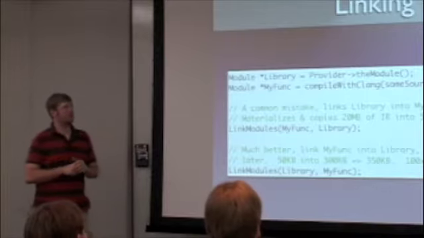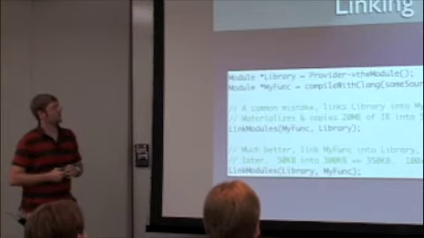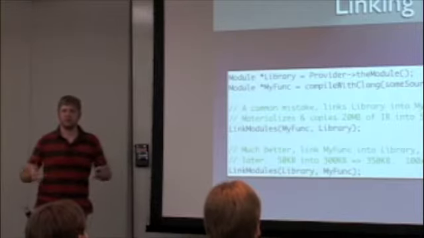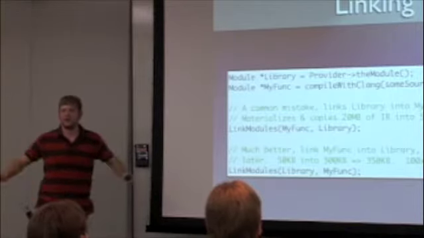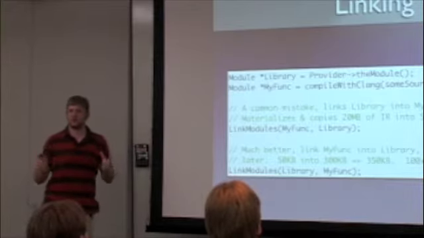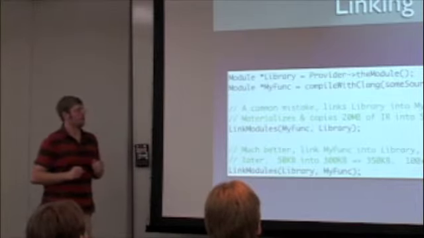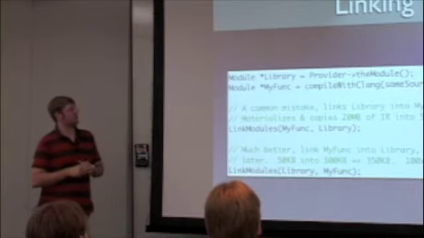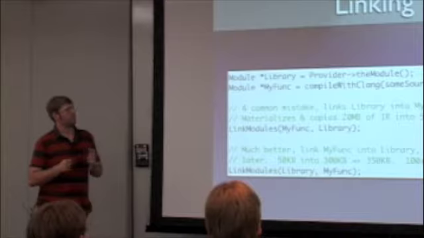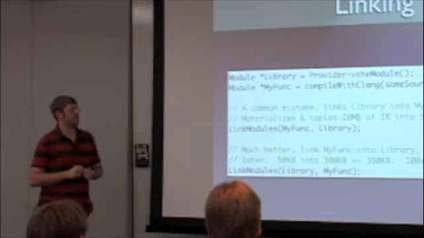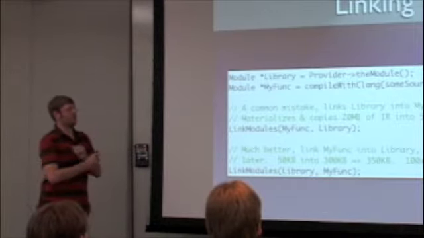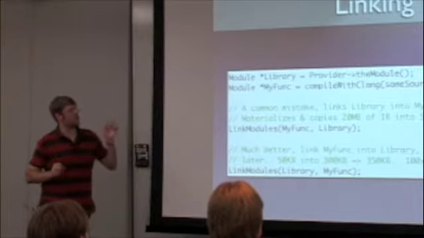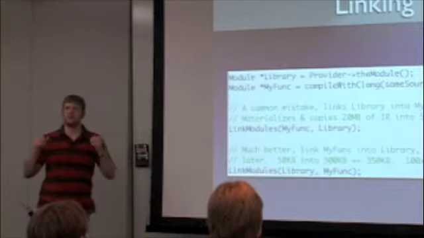Well, it turns out that direction matters. You can see here that when you call parse bitcode file on our runtime library, it dirties about 20 megs of RAM. That's a bunch, because it has 14,000 functions. Since we only want those two, if we do it the other way, we can save all that memory. The reason is that link modules, as I said earlier, copies all the memory.